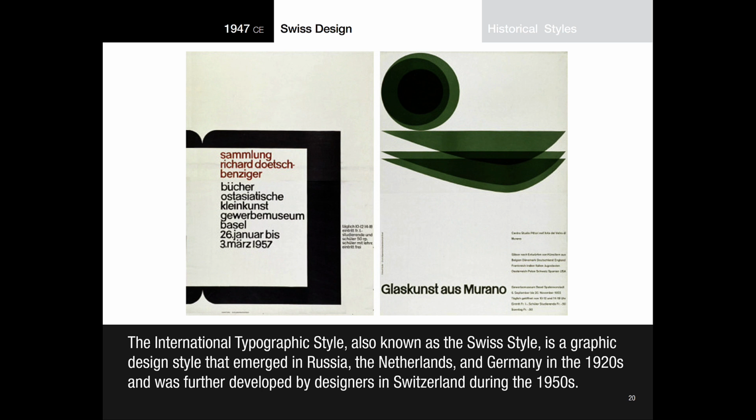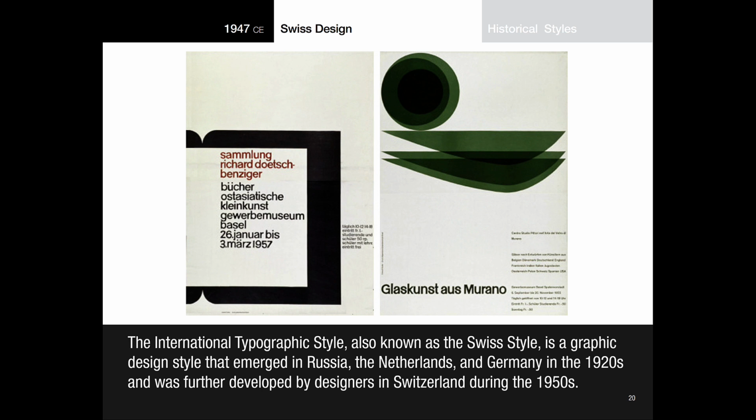In the late 1940s and into the 50s, you have Swiss design, the international typographic style. The Swiss were very big believers in everything being organized on grids, everything being lined up, everything being aligned to other things on the page.